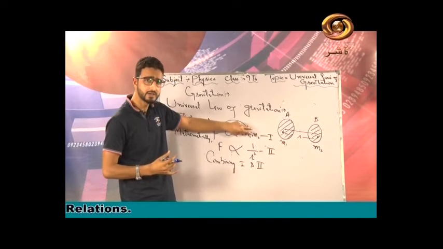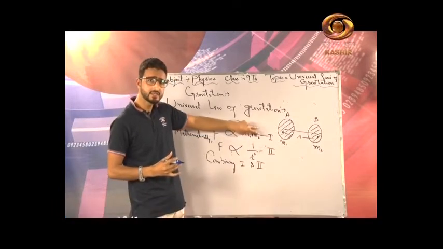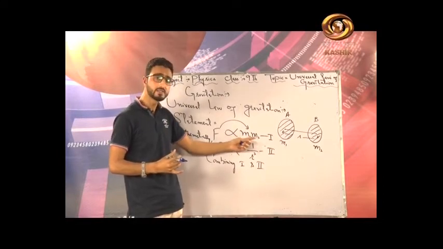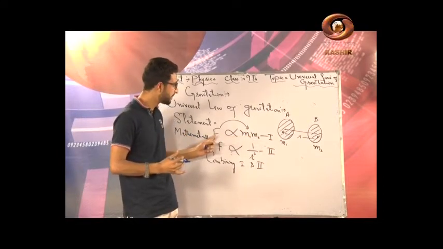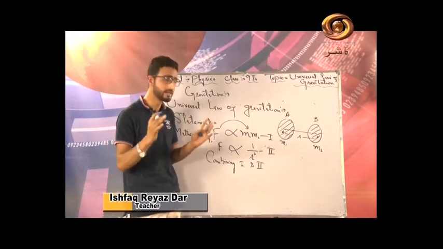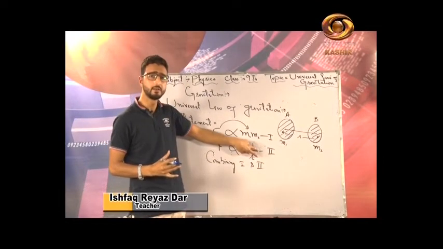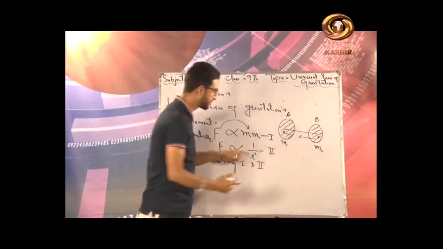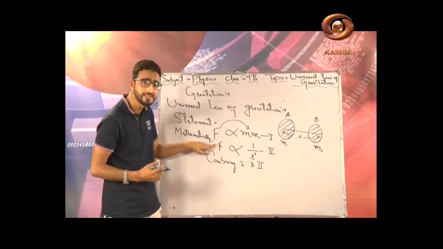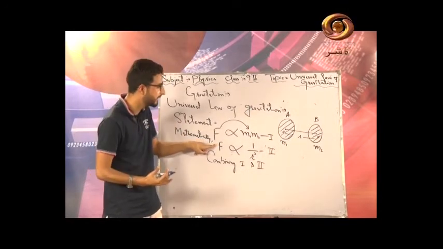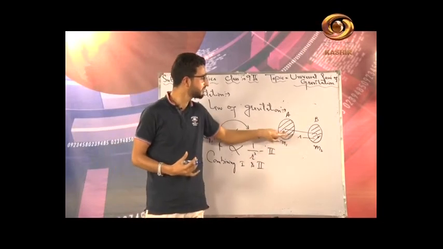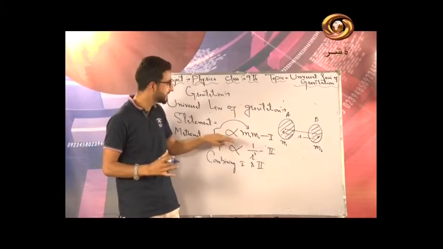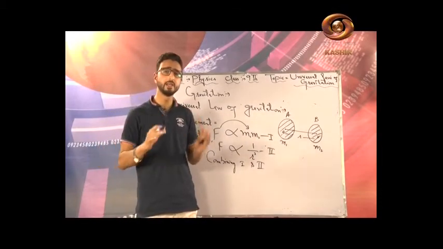This direct relation means if we increase the product of the masses, the force of attraction will increase. If we decrease it, the force of attraction will decrease. Now what does this inverse relation mean? If we increase the separation between the two bodies, the force of attraction will decrease. How much, I will explain in a numerical. If we decrease the distance between the two masses, the force of attraction will increase. This is what is meant by the direct and inverse relationship.